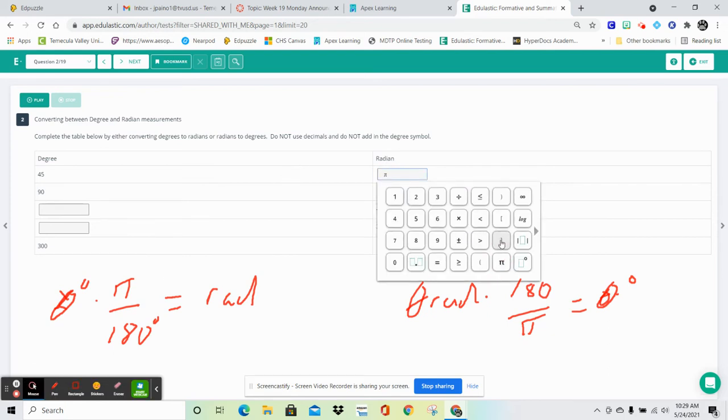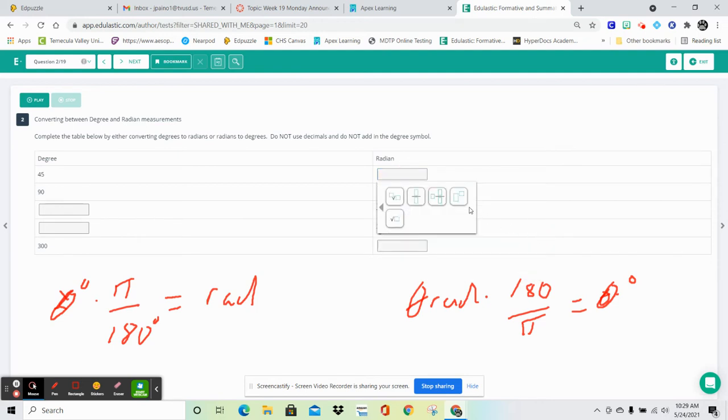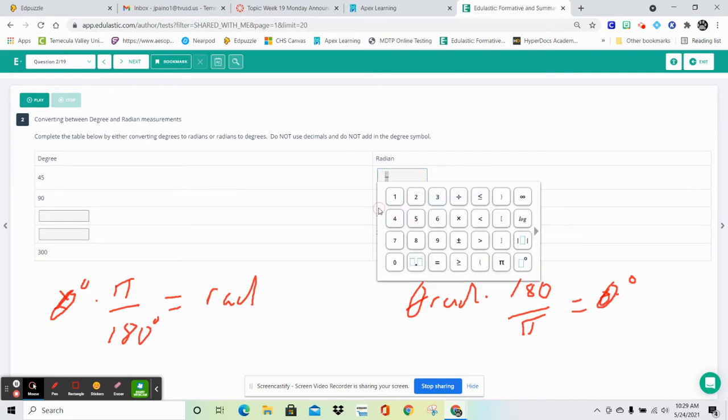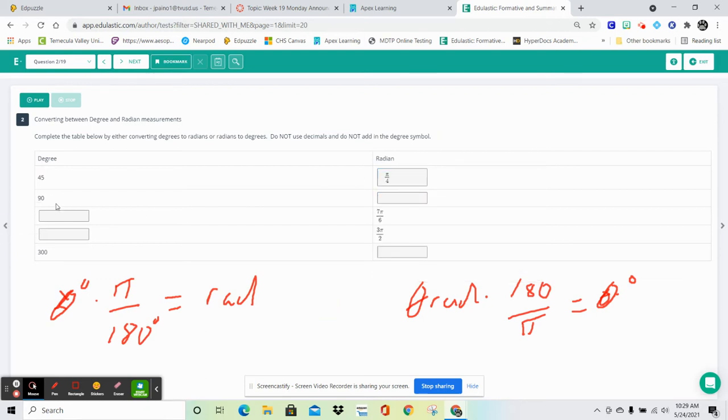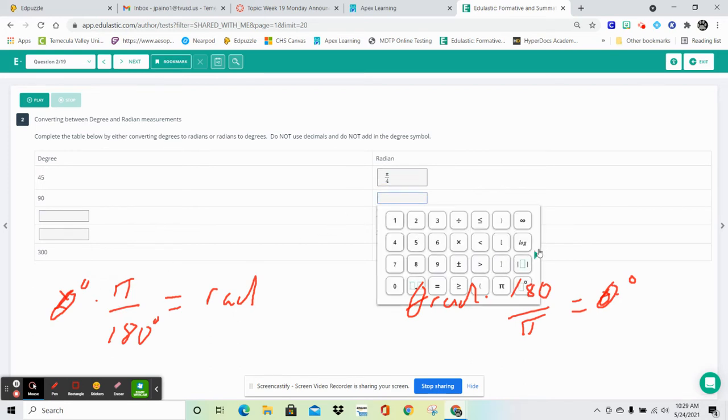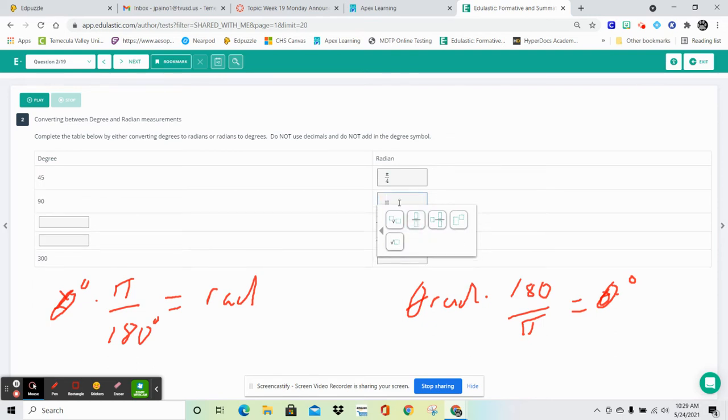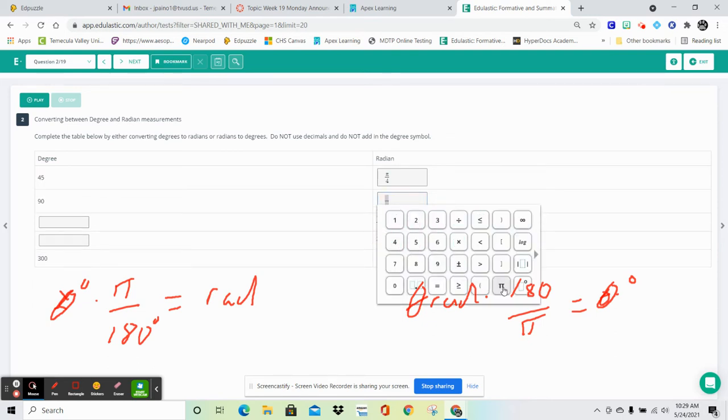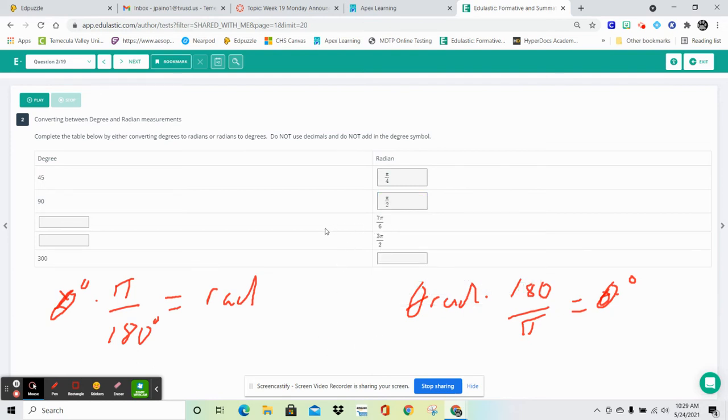So you're going to type in pi over 4 there. Then 90 degrees, so 90 over 180, that's 1/2, so pi halves, pi over 2. And now we have 7 pi 6.